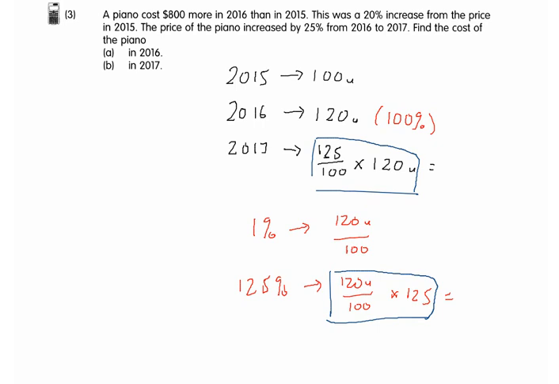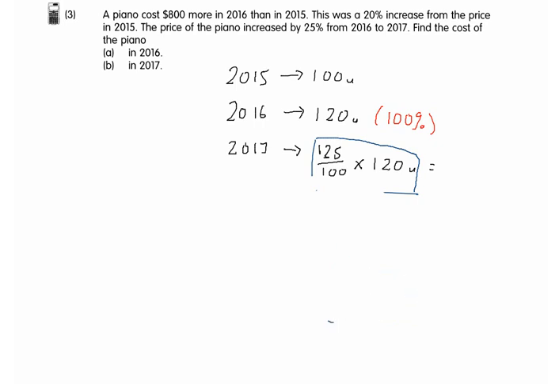But I just want to make sure that you all can get an idea of what I'm trying to teach you here. So I have 125 over 100 times 120U. Very simple. You can just use your calculator to find out the number of units at the end.